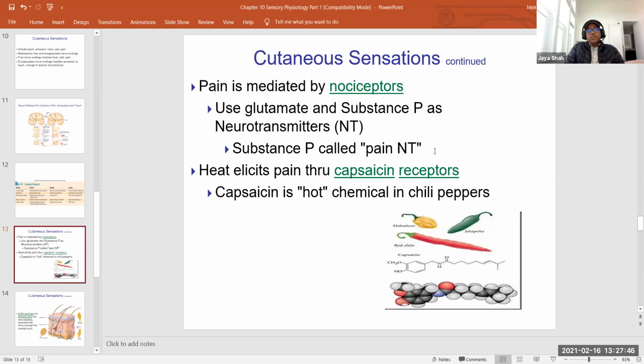The same receptor, the nociceptor, is also activated by capsaicin. Capsaicin is a chemical compound found in the jalapeno, and it binds to the capsaicin receptors. Through that, it produces heat. That's why when you eat very hot food, it creates heat. And if this is a lot, then it also causes pain. Same receptors. Okay.